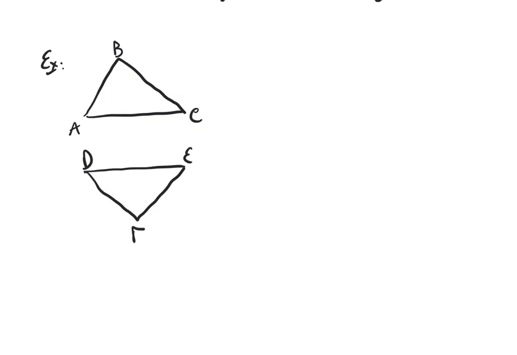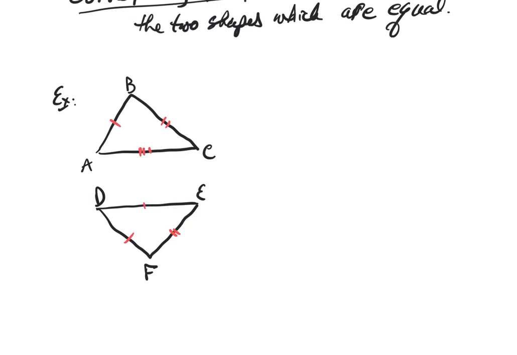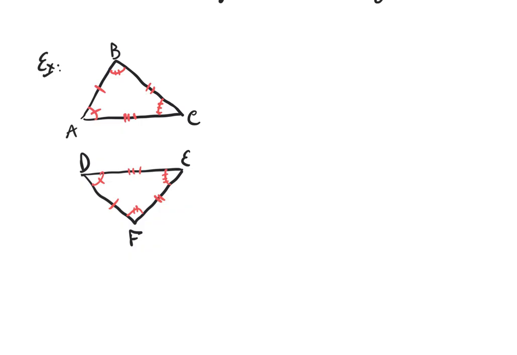So if I were to give you a triangle like the following, A, B, C, and a second triangle, D, E, F, and I was to give you some information about the triangles, then you could see that all three sides of the top triangle equal all three sides of the bottom triangle.